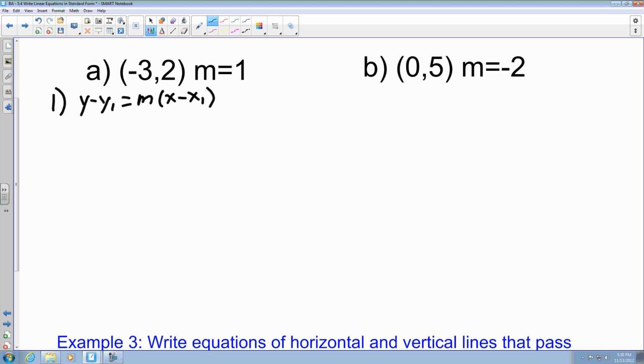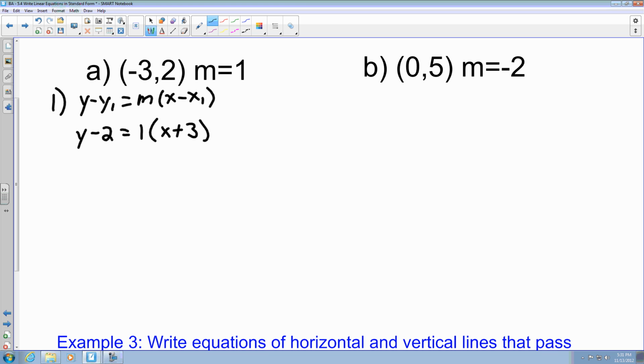So it would look like this: y minus 2 equals 1 times the quantity x plus 3, because we have a -3 in our x value. We just change the sign in our point-slope form.